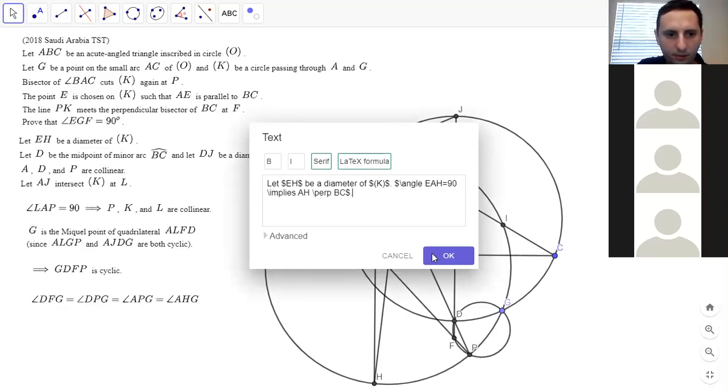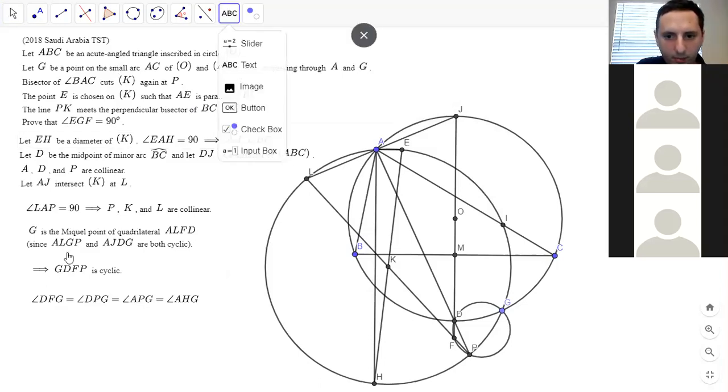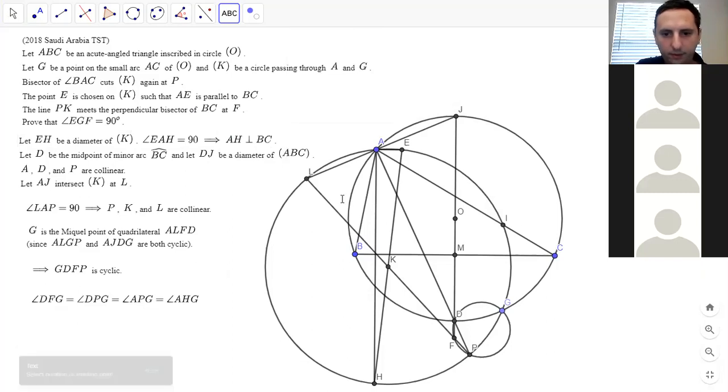So we have AH is parallel to DF, implies G, F, and H are collinear.